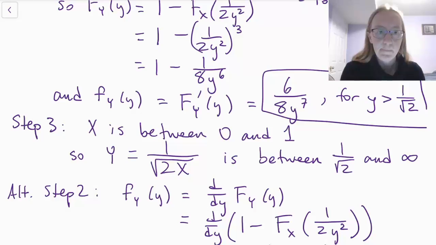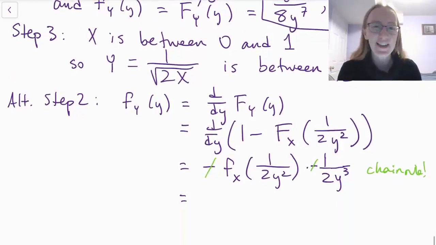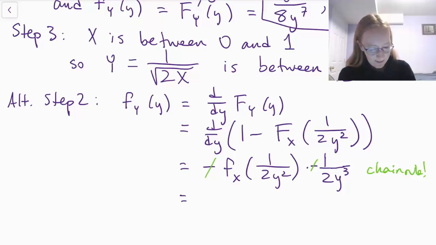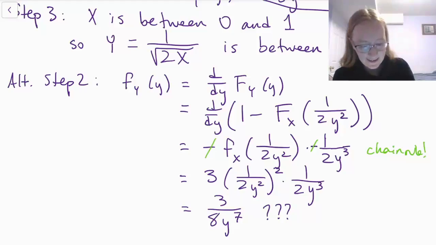Yeah. Thank you very, very much. So that's going to fix the problem down here. I'm glad I did it both ways, because I'll catch the mistake that I was going to make. So 3 times this whole thing squared, 1 over 2y squared, and then times twice. I did the same mistake twice.